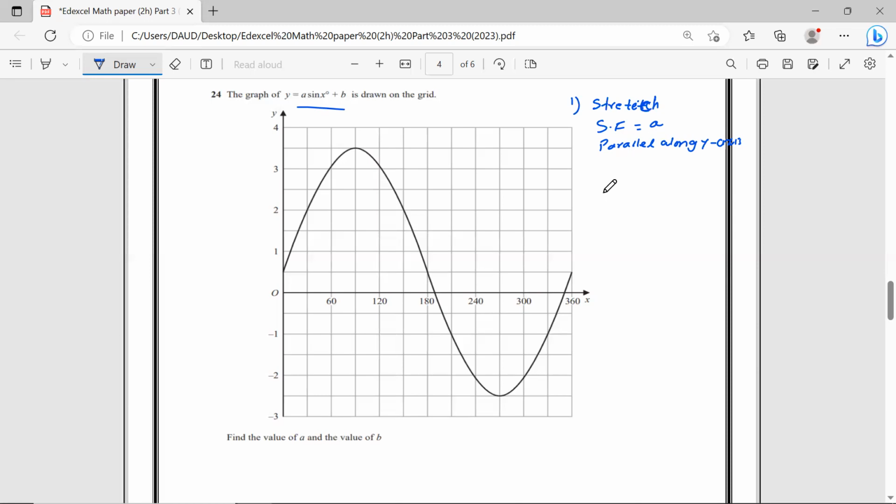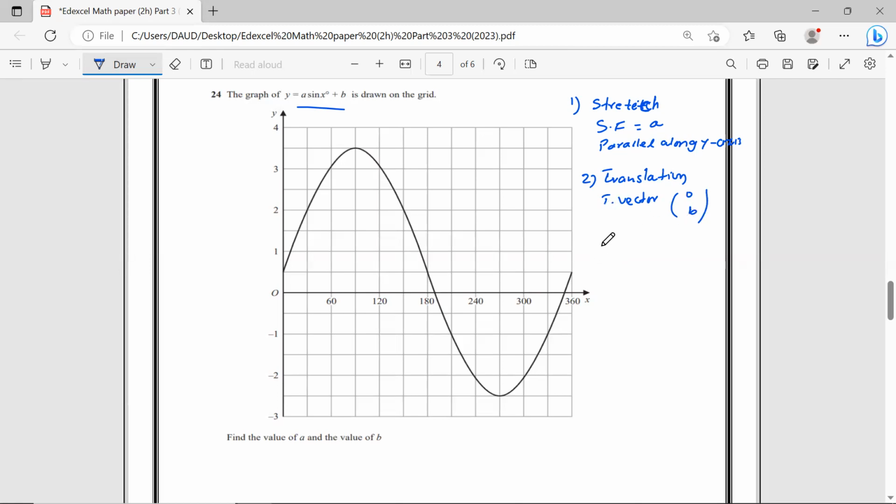And second thing, translation, and the translation vector I have only along y-axis, not along x-axis, so (0, b).